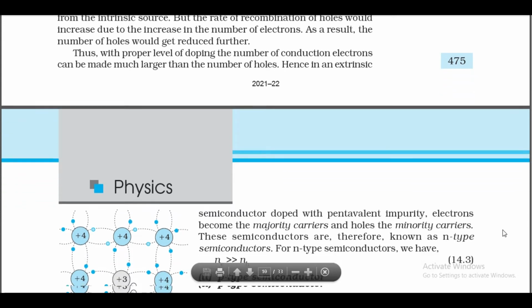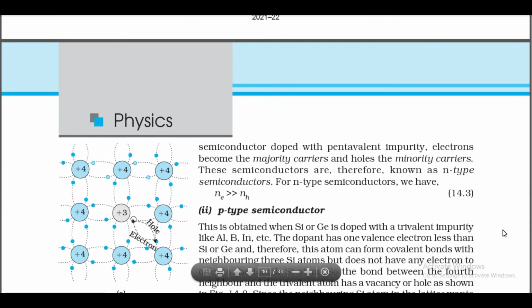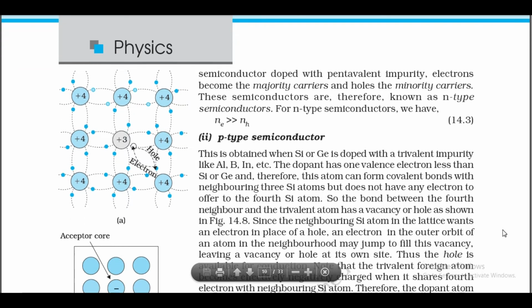Hence, in an extrinsic semiconductor doped with pentavalent impurity, electrons become the majority carriers and holes the minority carriers. These semiconductors are therefore known as N-type semiconductors. For N-type semiconductors, we have Ne much greater than NH.